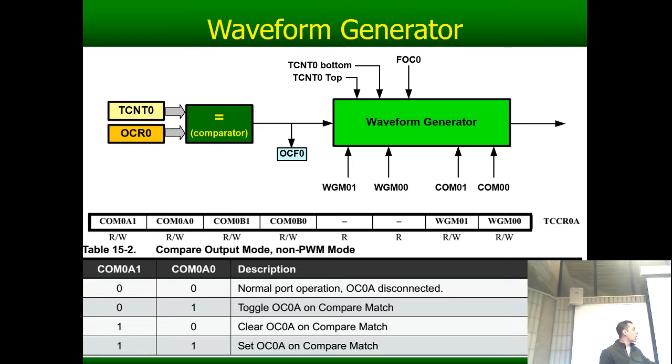We can toggle every time a compare match happens. We can clear on a compare match, and sort of the hard one to see down here is set on a compare match. So if we toggle on a compare match every time a compare match happens, that's going to allow us to generate a square wave. And a square wave is good enough to create a basic tone.